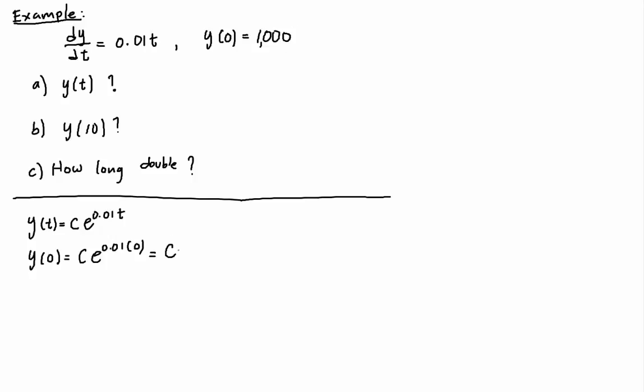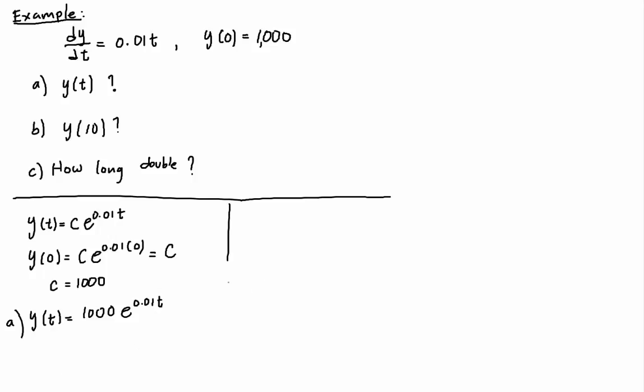That's the initial condition, so I get that c must be 1,000, and then I obtain y of t is 1,000, substituting in for c, e to the 0.01t. So that is the answer for part A. You see, everything depends only on t.